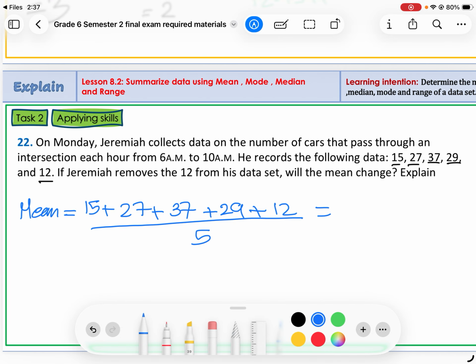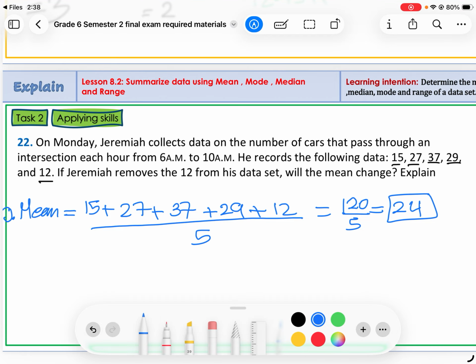You can't use a calculator, you have to do it manually, but because the video is taking a lot of time, that will be 120 divided by 5, it's going to be 24. So that's your original mean.